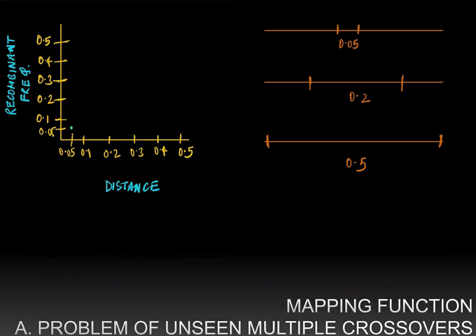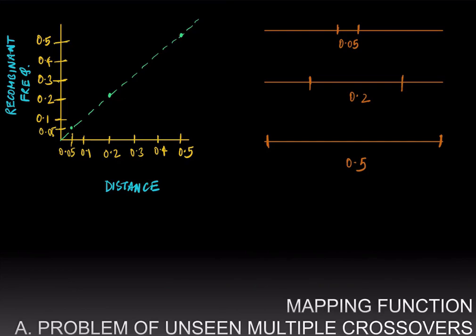If you measure a recombinant frequency of 0.2, then the distance is 0.2. And if you measure a recombinant frequency of 0.5, then the distance is 0.5. And so we have this straight diagonal line, which we assume maps the recombinant frequency to distance.